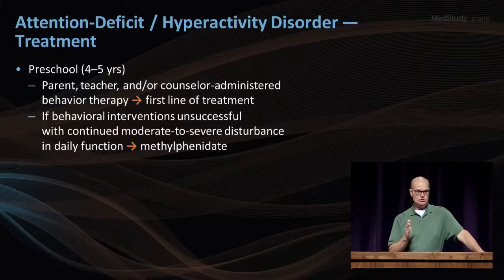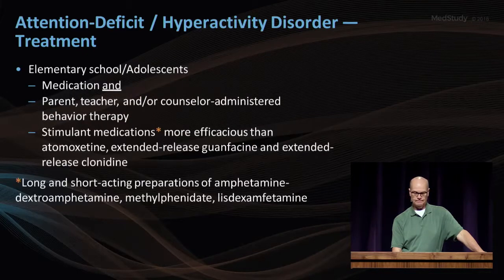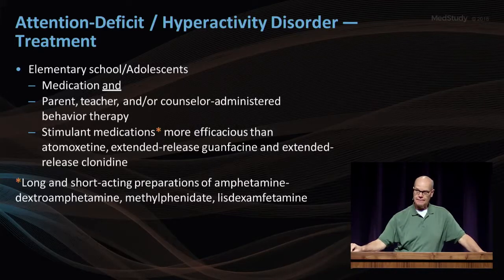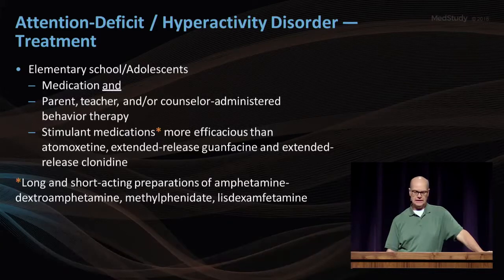So it's a two-step recommendation for the younger children. For elementary and high school individuals, both medication and counseling is recommended as first-line treatment. So your answer to the next best step in the treatment of these children will depend upon the age of the child in regards to the AAP recommendations.